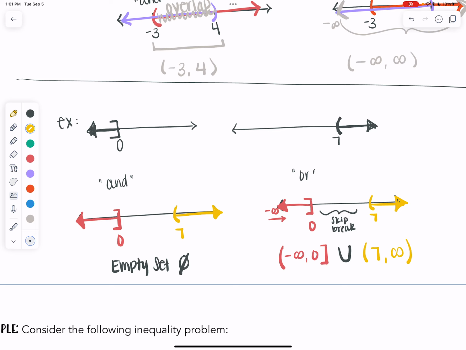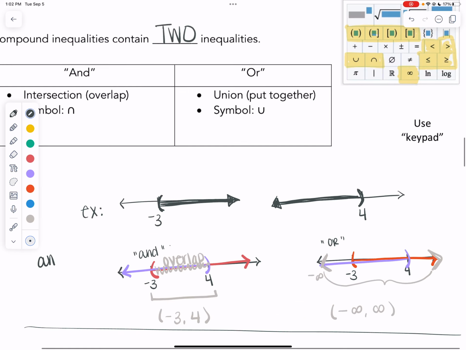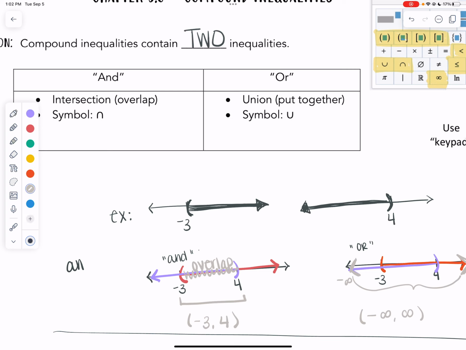So make sure you see the difference. There is not a way to just memorize that and is always this, or is always this. You have to think about it as and is the overlap, and or is putting those two together.